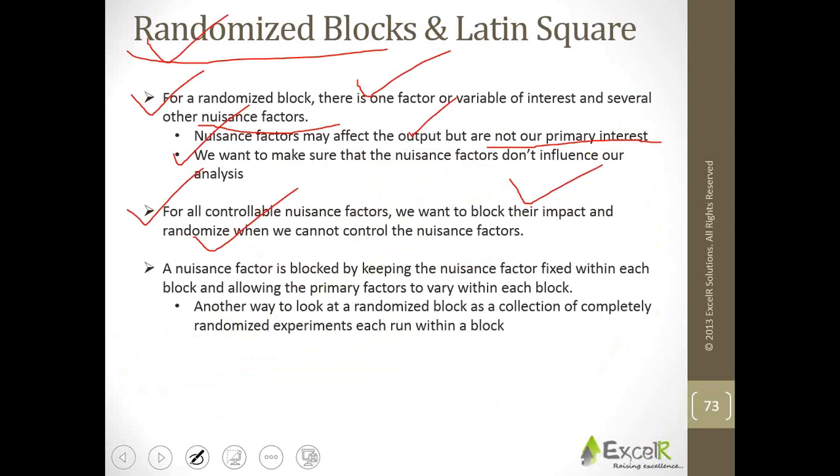So probably AC temperature is influencing your sales or productivity. Probably you'll try to control that nuisance factor and also randomize it. That means you'll try to increase it to 25 degrees, then 28 degrees, then 30 degrees, then probably 20 degrees. You'll see what is the effect of that.